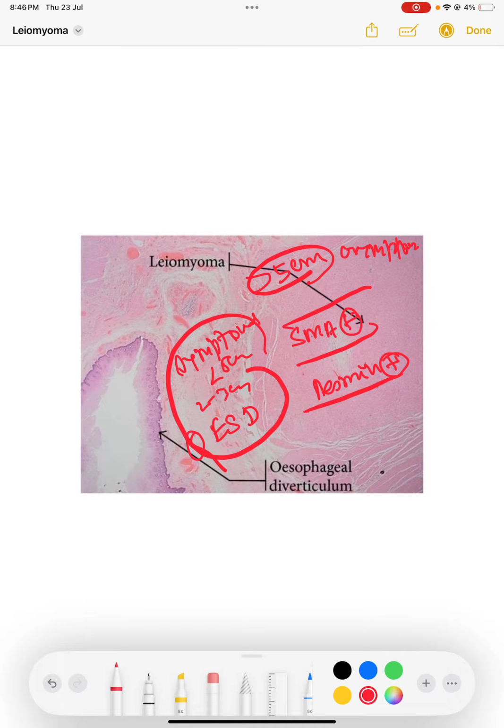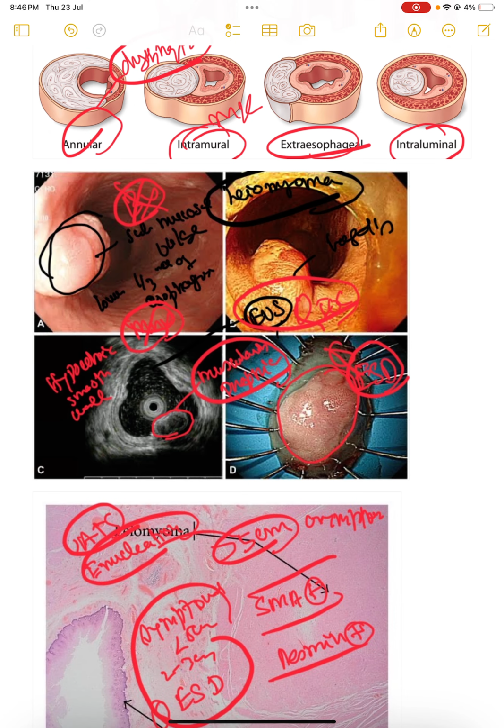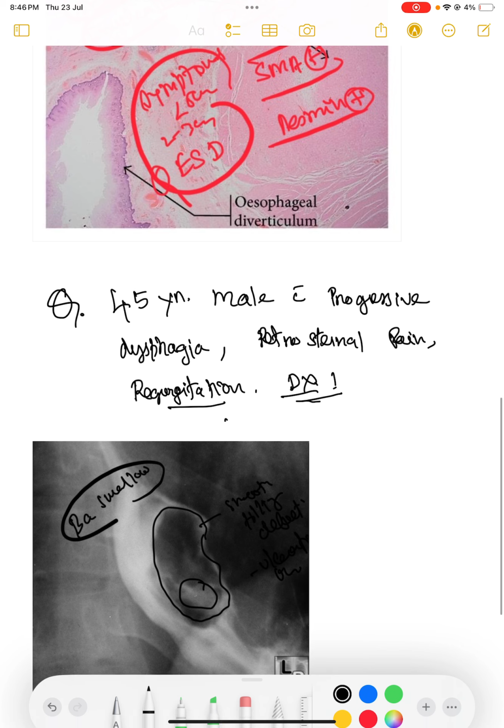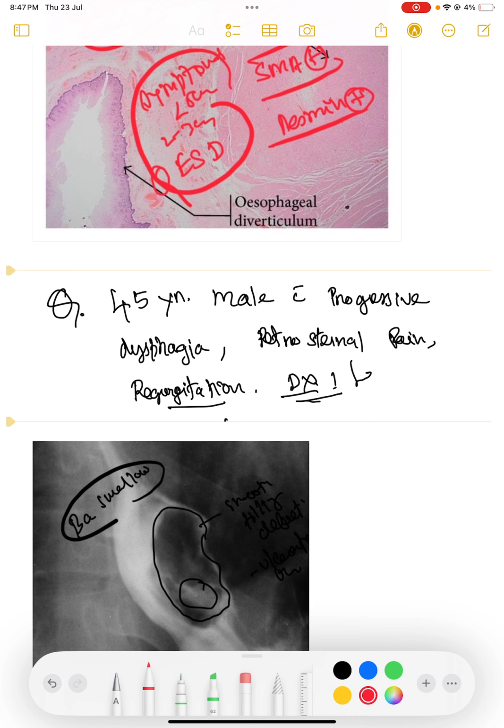The larger tumors, like more than 5 centimeter giant, surgery is done, which is enucleation through VATS. So this is the management of your leiomyoma of the esophagus.